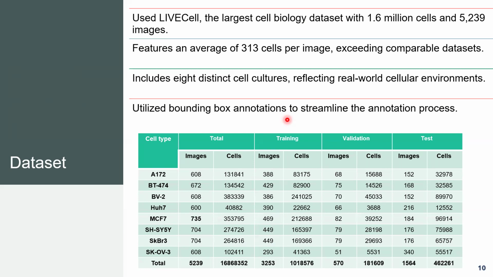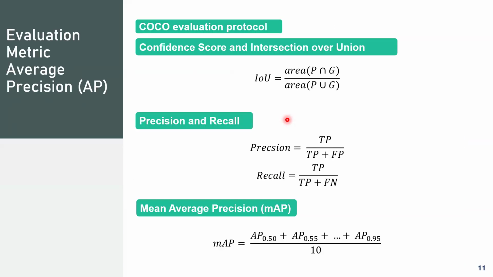And we utilize only the bounding box annotation for this dataset. We evaluated our method using the standard COCO evaluation protocol, and we are reporting mean average precision, which is the precision averaged across all unique recall levels.